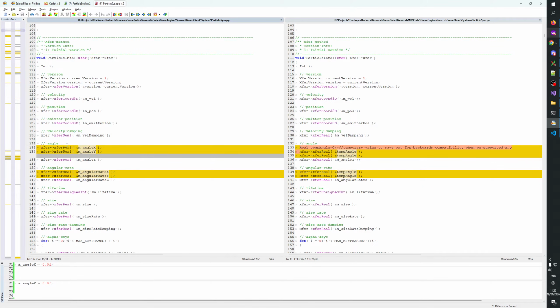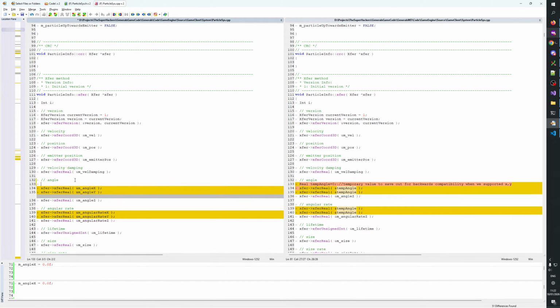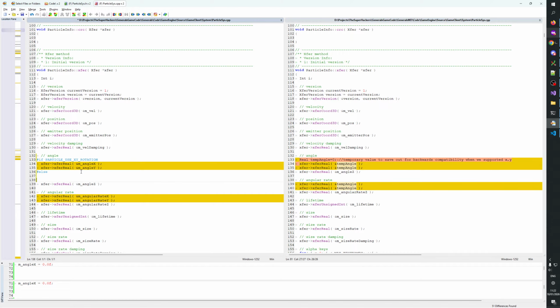Then I think here we simply do if doing that, else, and if.